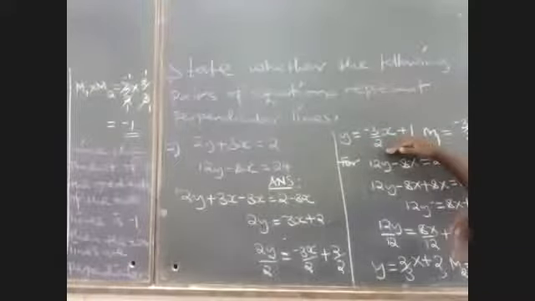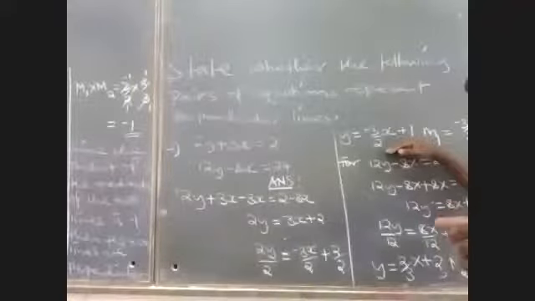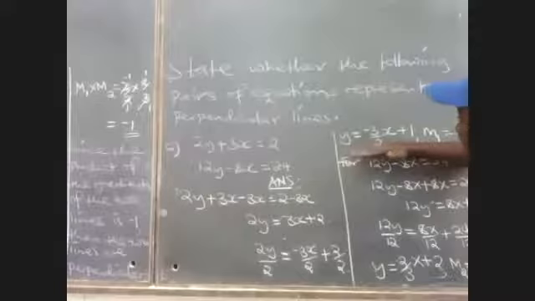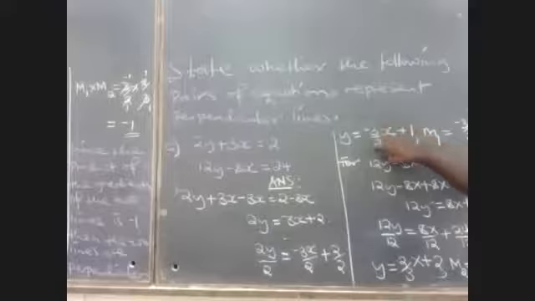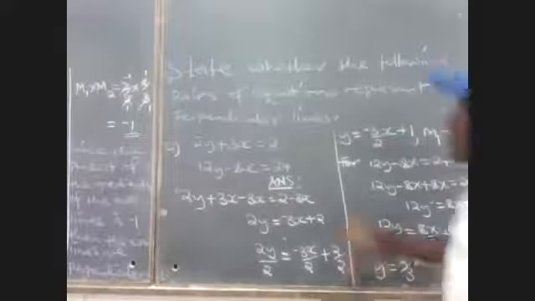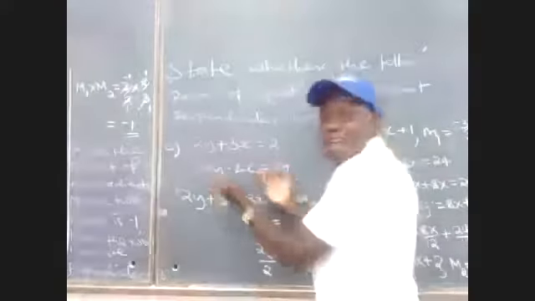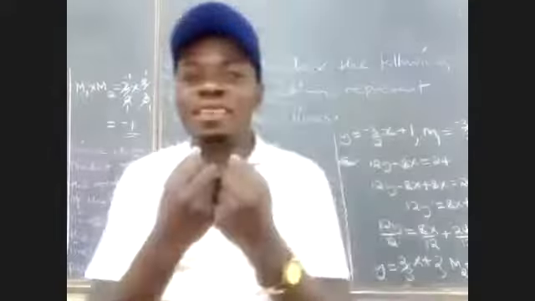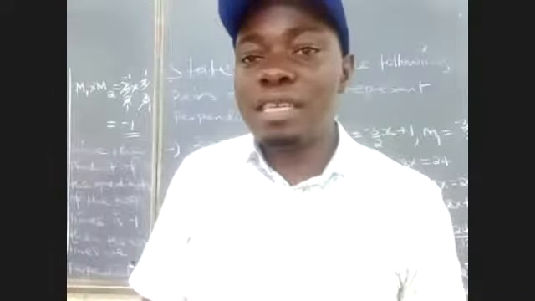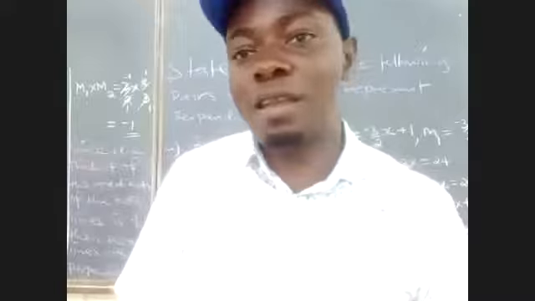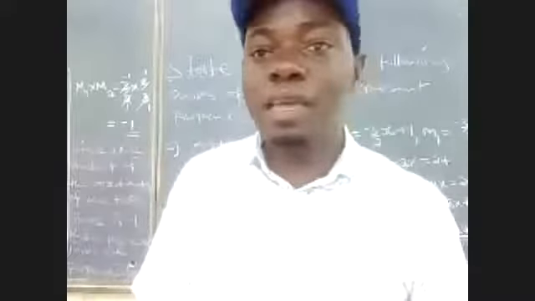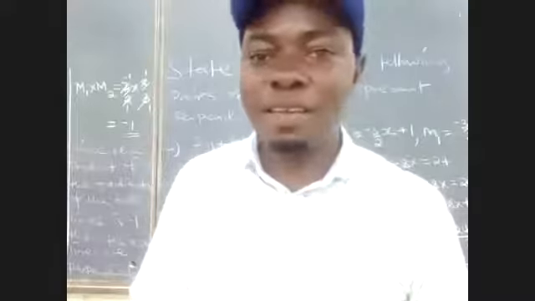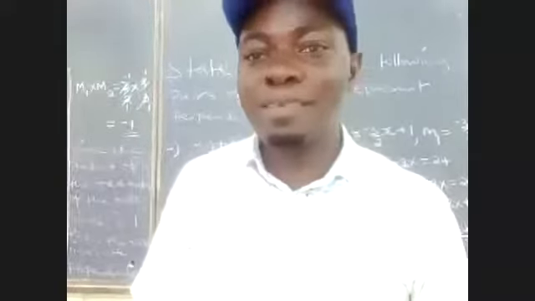When the equation of the line is in this form, the coefficient of x is the gradient. So we have quoted it as -3 out of 2. Do the same to this one. After getting the two gradients, multiply them. See whether the product is -1. If it is, they are perpendicular. If it's not, they are not perpendicular. Thank you, teacher. You are welcome.